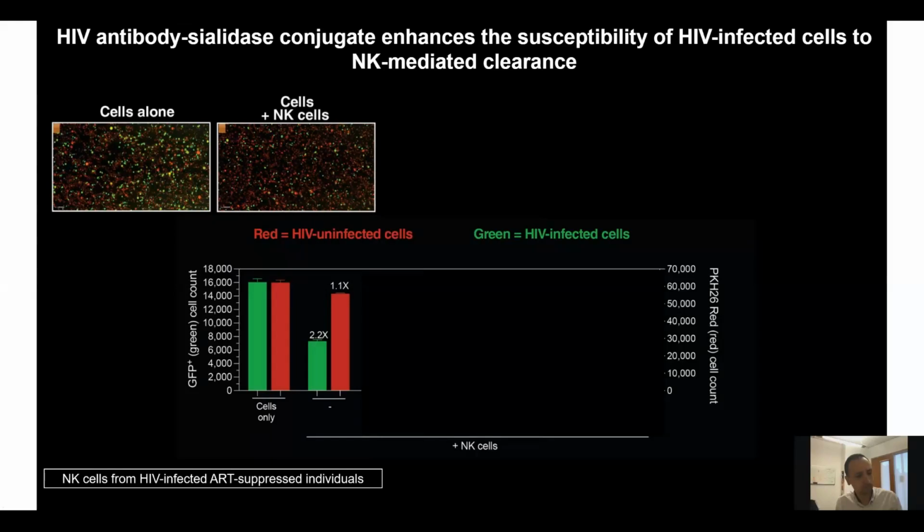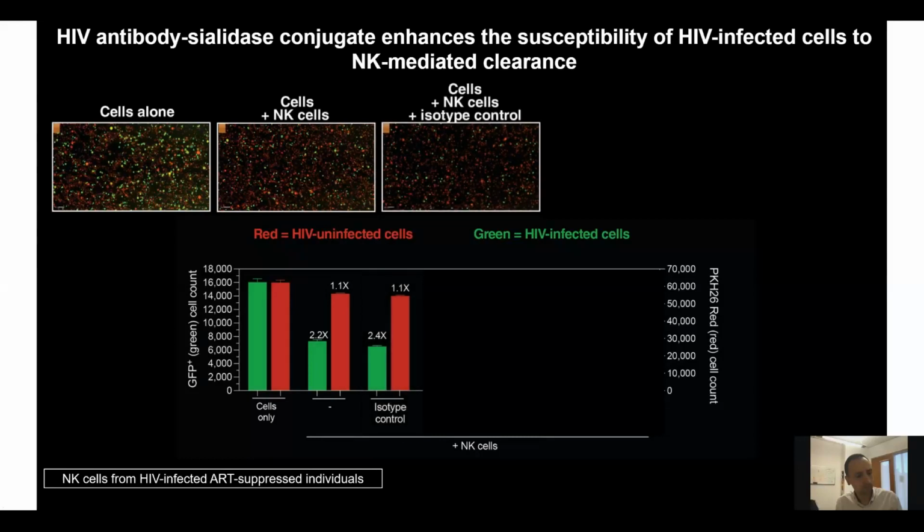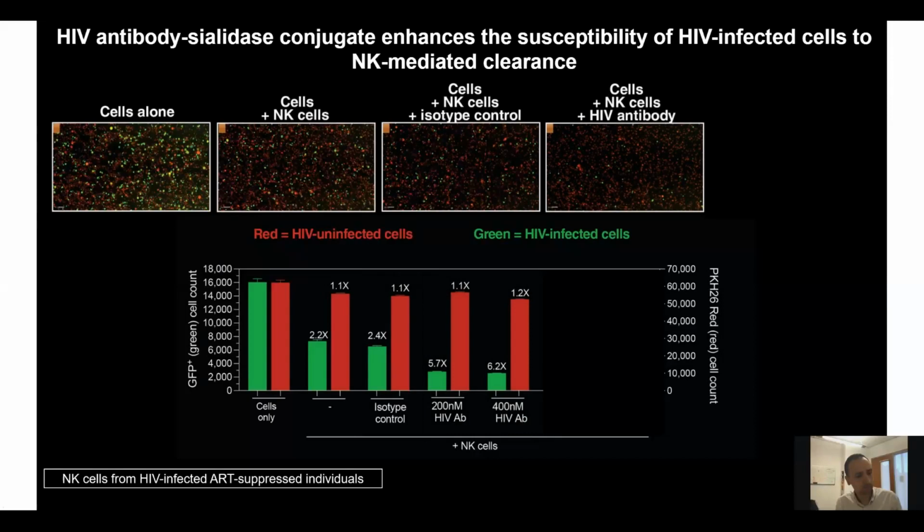We can add an isotype control, and nothing much happens. We can add an HIV-specific antibody at 2 different concentrations, and you can see the 2-fold reduction in the level of HIV-infected cells became 5 or 6-fold reduction, because those antibodies will elicit antibody-mediated cytotoxicity. And you can clearly see that the level of HIV-infected cells is dramatically reduced. And you wonder if there is even a space for the conjugate to reduce this further.